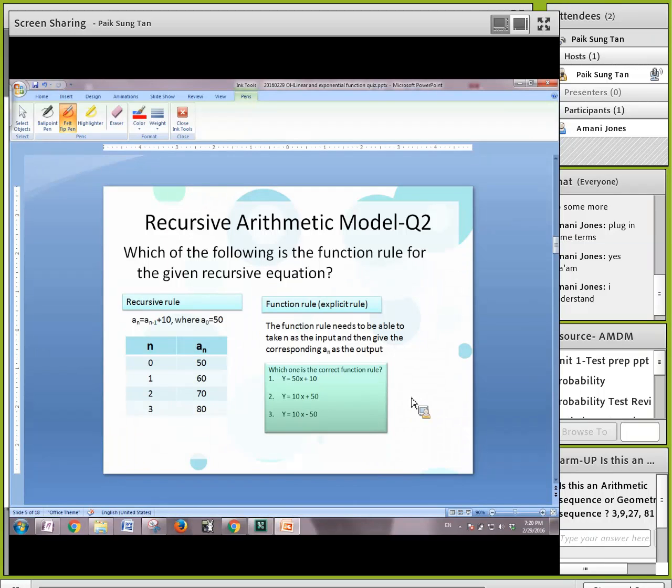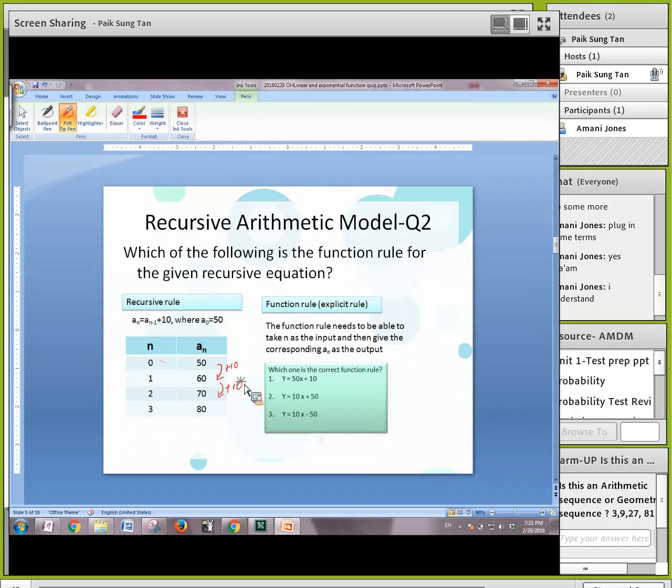There is a need for the recursive rule and the function rule at different times. The recursive rule allows you to see the real pattern. Like in the recursive rule, you see that every term is adding 10, plus 10 each time.